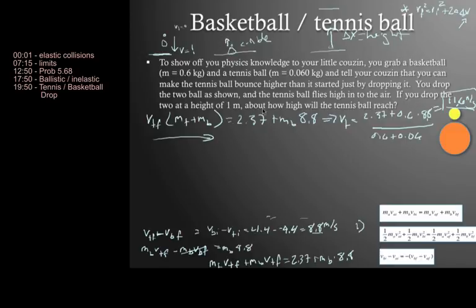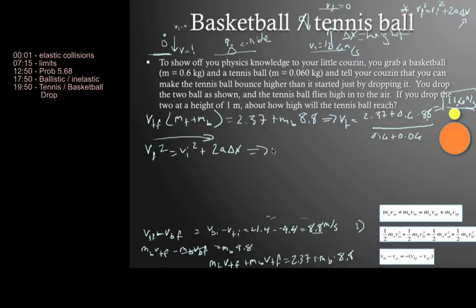So now how high does it end up? I just end up using this equation. So it starts here at 12.6. At the very top, the V final is 0. V initial is this 12.6 meters per second. And gravity is going down. So V final squared equals V initial squared plus 2a delta x. So V final squared, don't have to worry about that. That's going to be 0.